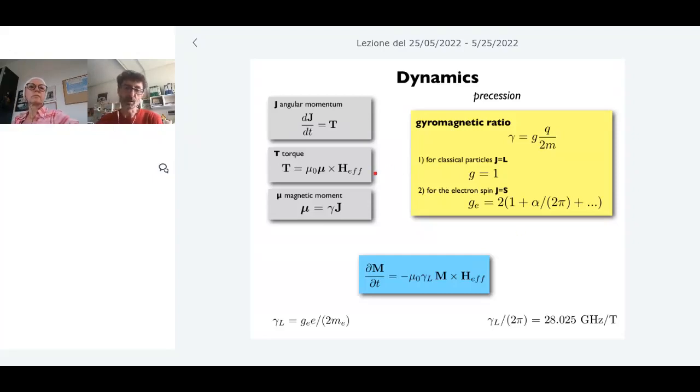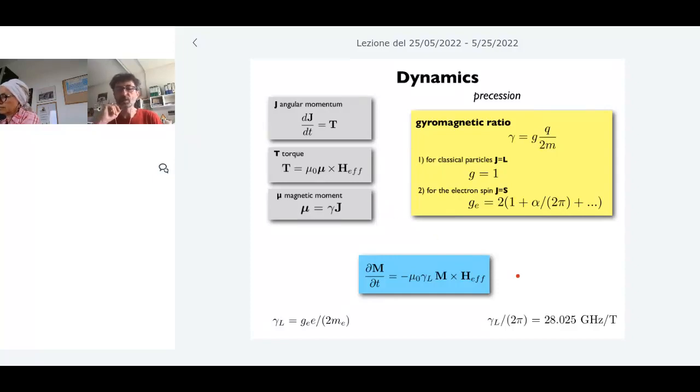The torque, we know from one of the first lectures, is related to the effective field and the magnetic moment. But the point here for magnetic material is that the magnetic moment itself is due to an angular momentum. If we put together all these things, then you end up with what is called the precession equation.